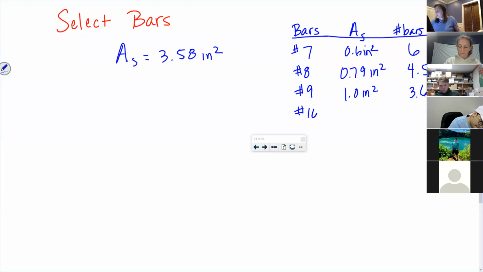If I use a number 10, which has an area of 1.27, I'll need 2.8 bars. You can keep going with a number 11 or a number 14.